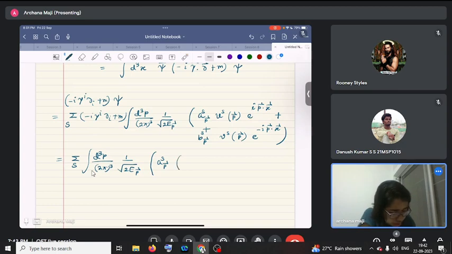So this differential operator, when it acts on this exponential, will bring down i times p vector.